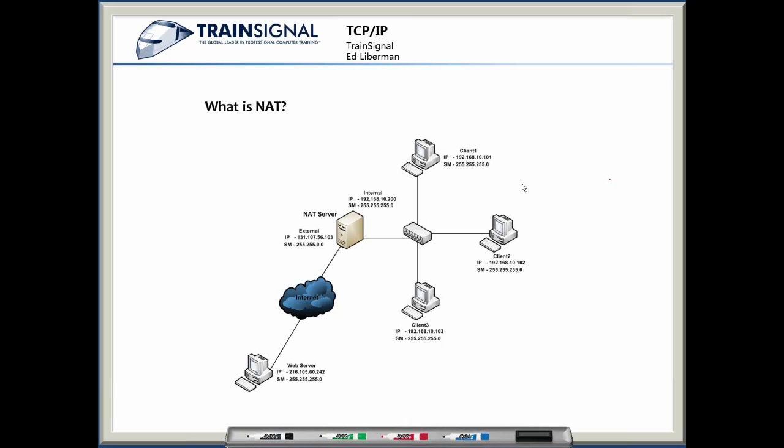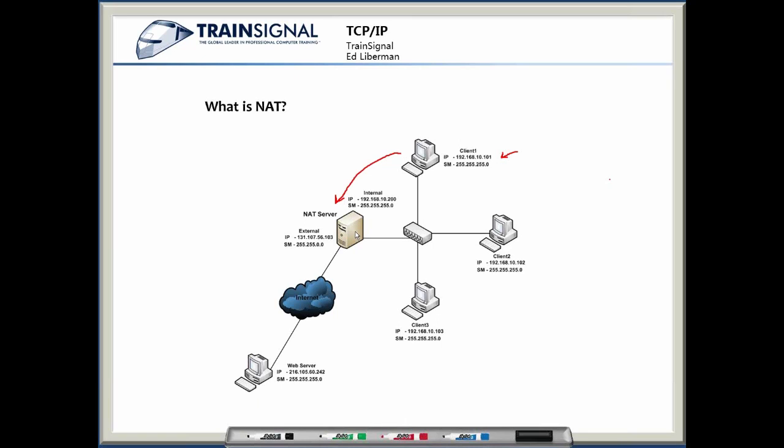Let's see if my drawing capabilities are still in place. Here I have a real simple network, and these aren't even complete because I'm noticing there's no default gateway. Out to the internet, the client is going to send its request to this NAT server.